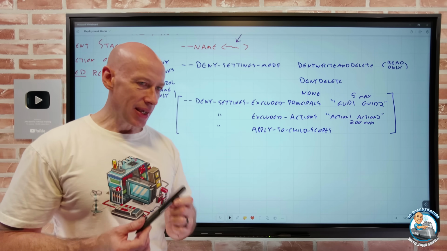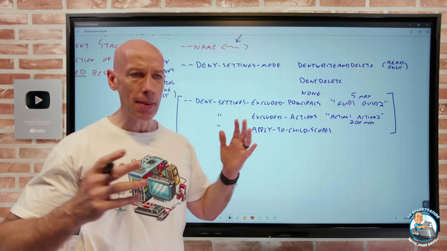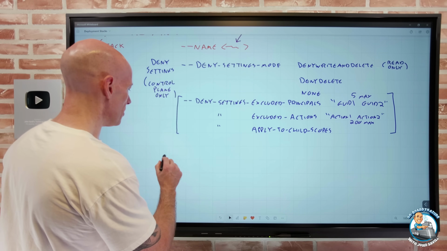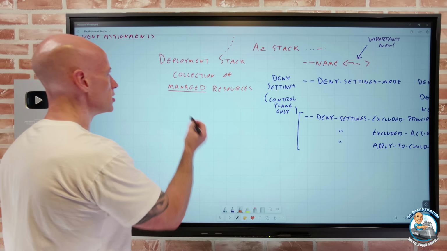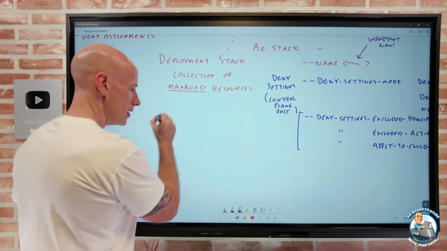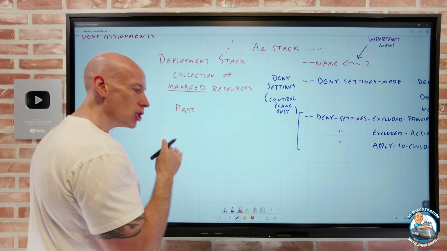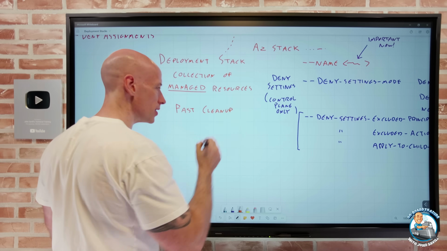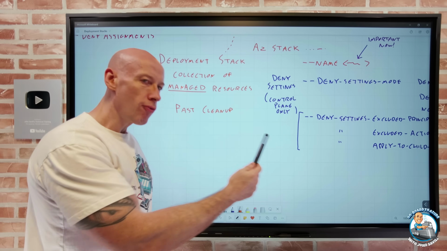One of the next things we get is this idea of a fast cleanup. So I talked about this idea of cleaning up, I could delete the stack. So one of the other really nice benefits we get over here is, yes, the deployment stack is this collection of managed resources. Great. But what this enables me to do is this very, very fast cleanup. Imagine I had a huge deployment of a very large amount of resources. Ordinarily, if we were to delete that, it would be an ARM call for every resource we made.